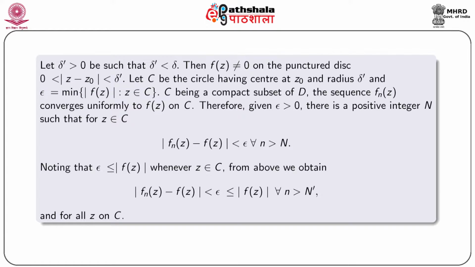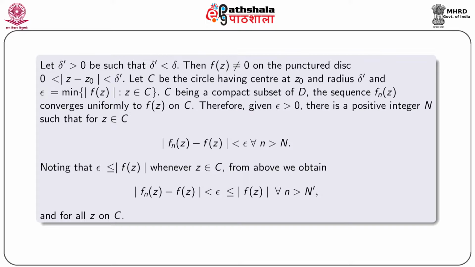Let C be the circle having center at z0 and radius delta dash, and epsilon equal to minimum of mod f(z), z belongs to C. C being a compact subset of D, the sequence f_n(z) converges uniformly to f(z) on C. Therefore, given epsilon positive, there is a positive integer N such that for z belongs to C, modulus f_n(z) minus f(z) is less than epsilon for all n greater than N.